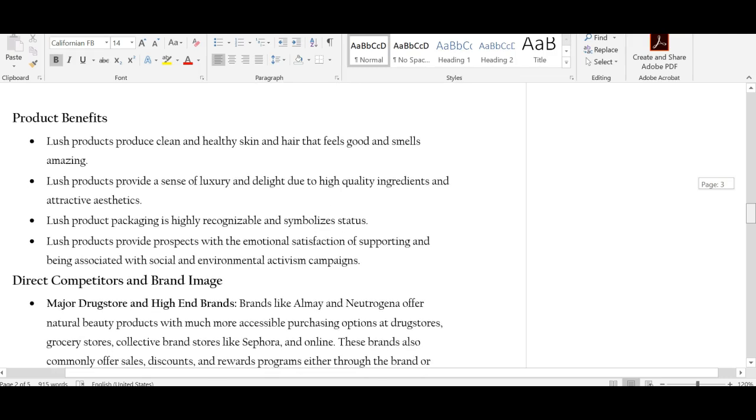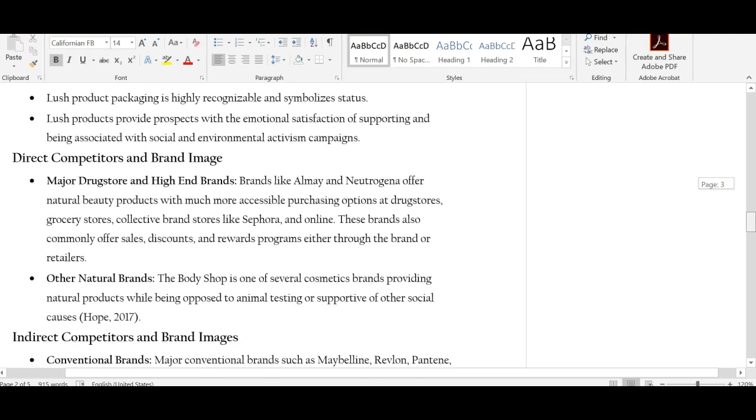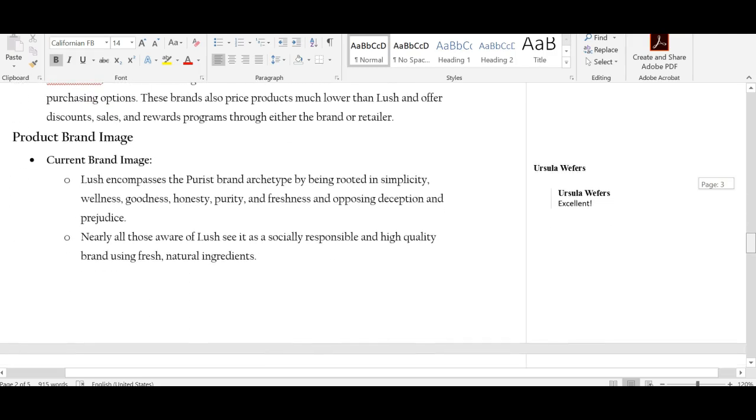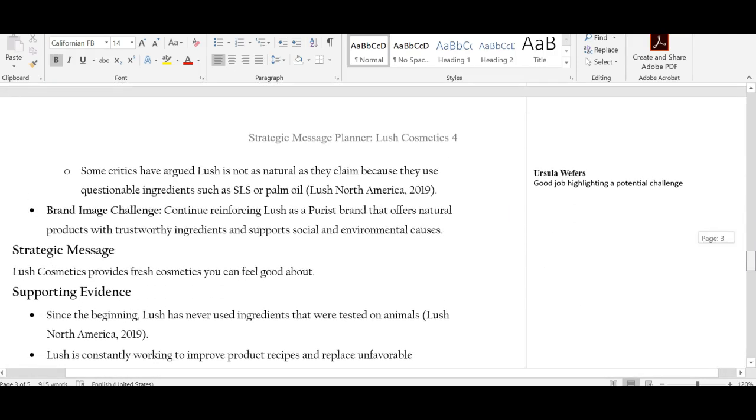She discussed the product benefits. She talked about the competitors, indirect competitors, and then she talked about the brand image. So she discussed here the archetypes. This was information that she had already discovered through her blogging, through the different discussions that we did in the class.